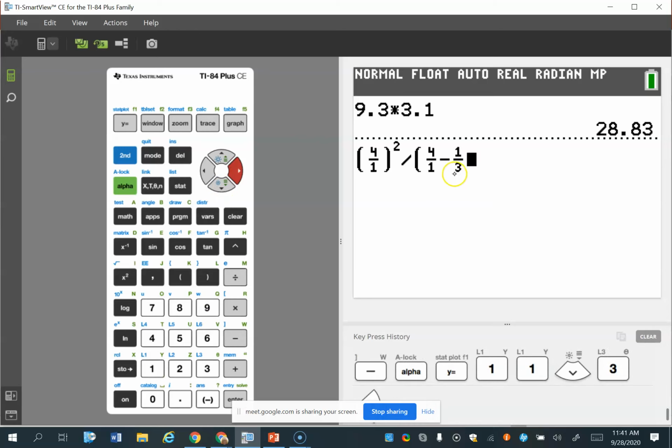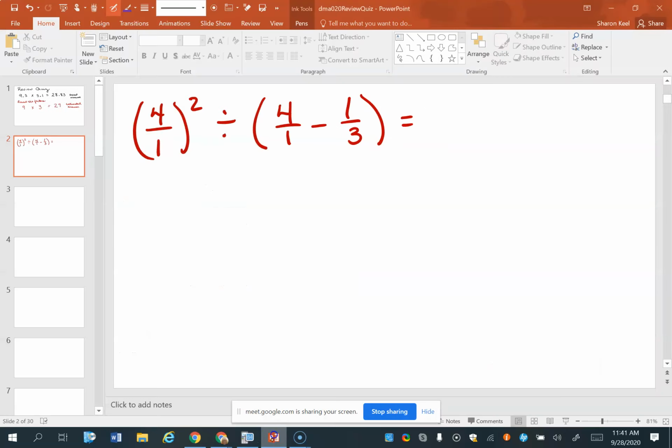And remember on that very last term to be sure you move out from under the denominator before you close your parentheses. And that's going to give us 48/11.